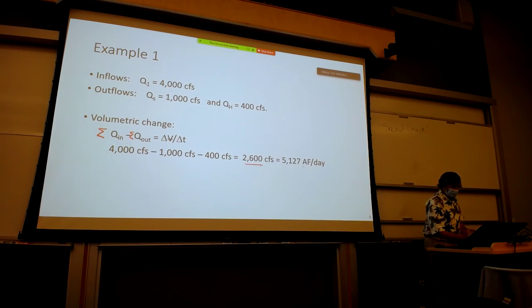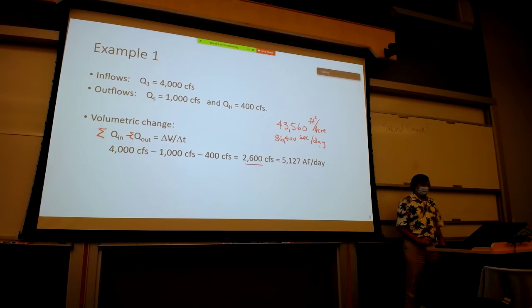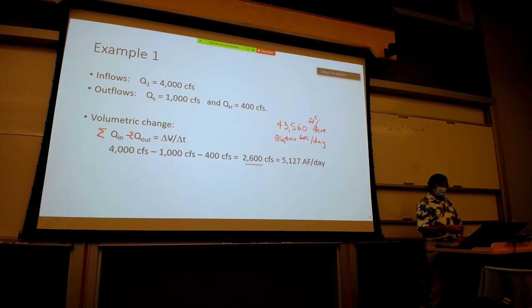Now, if we wanted to convert it, there's 43,560 square feet per acre. And there's 86,400 seconds per day. And so we can convert cubic feet per second to a more common unit that we typically use.